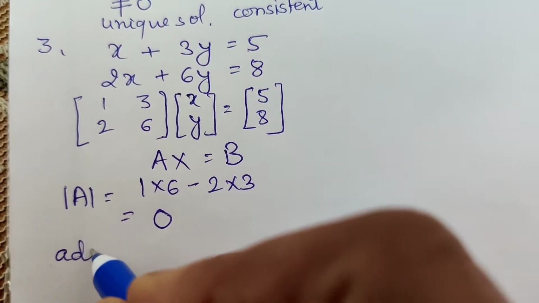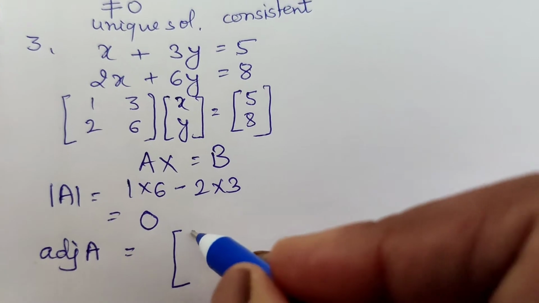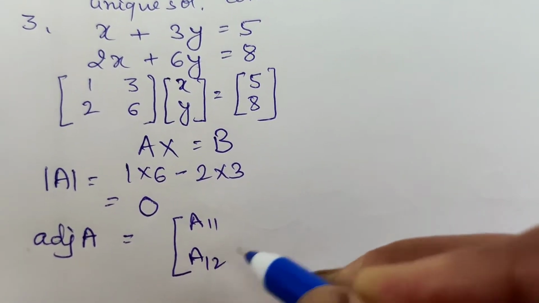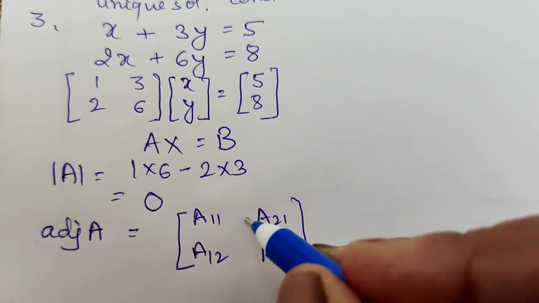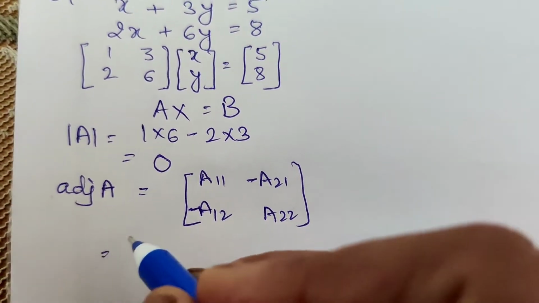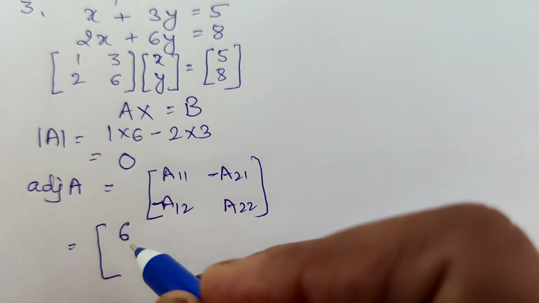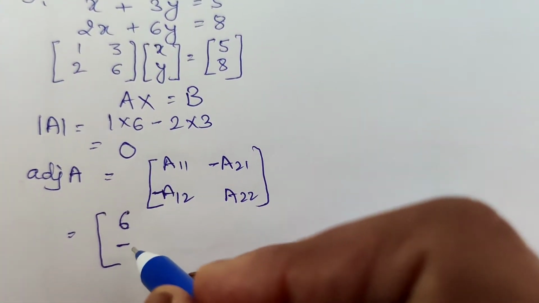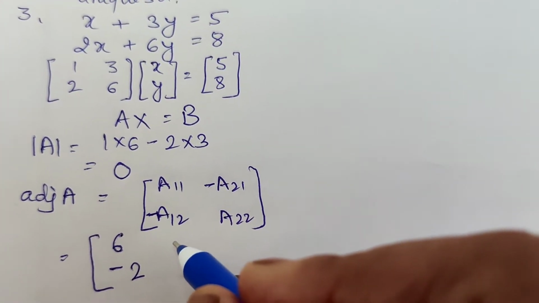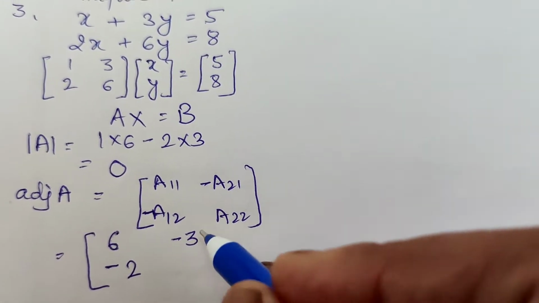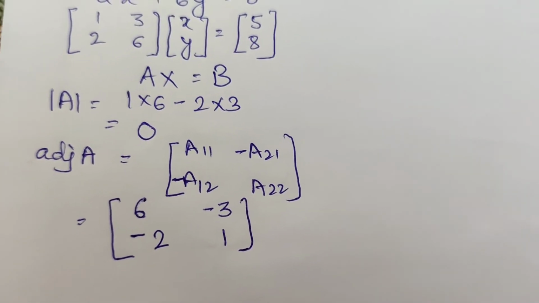In this case, we have to find the adjoint of A into B. The adjoint of A is made of A11, A12, A21 and A22, with the sign changes. A11 is first row first column, 6; first row second column, minus 2; second row first column, minus 3; and 1. So the adjoint is 6, minus 2, minus 3, 1.